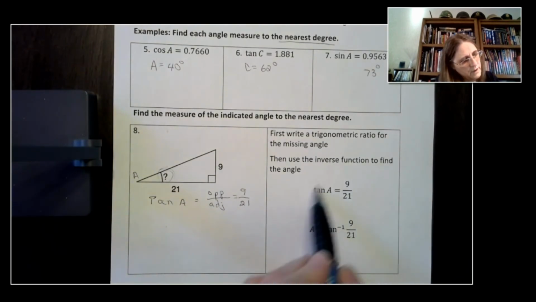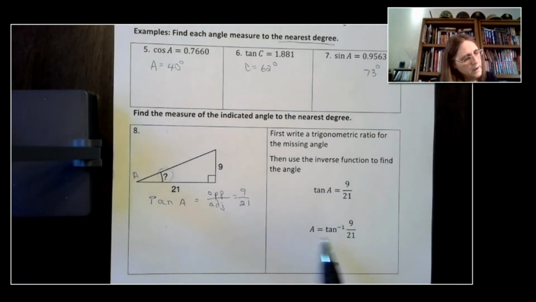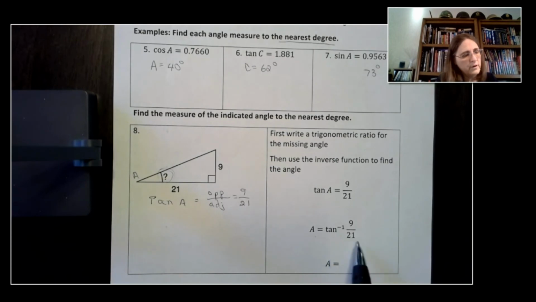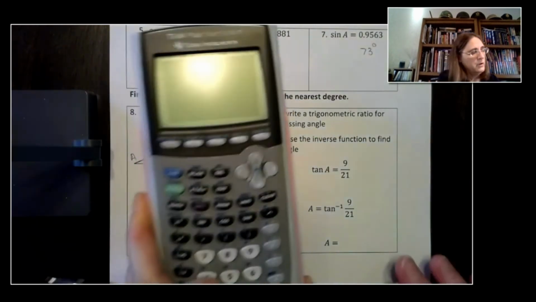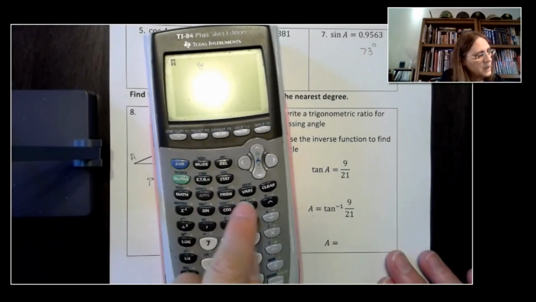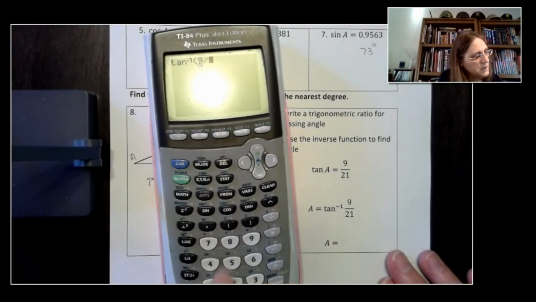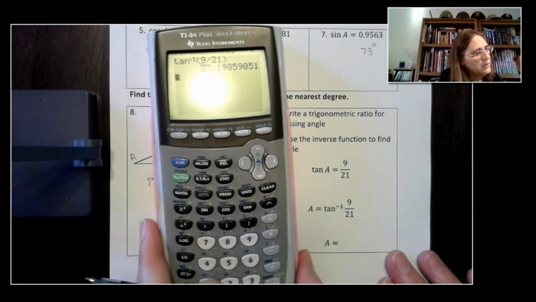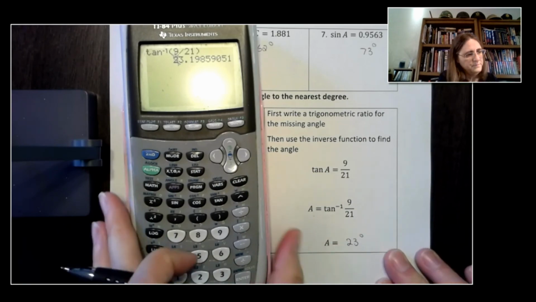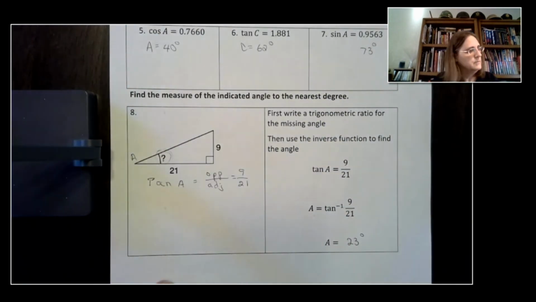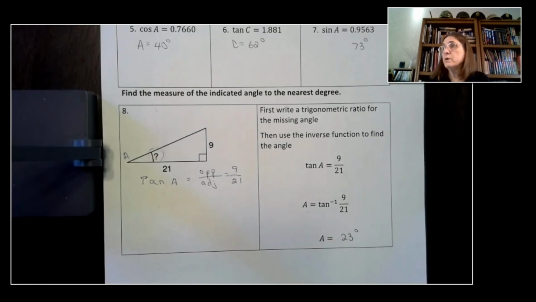And I've written that right here. So in order to find A, I'm going to do the tan inverse of 9 over 21. And we're going to do that using our calculator. So second tan inverse of 9 over 21. And I get angle A is, to the nearest degree, 23 degrees. And that's our quick review for right triangle trigonometry.